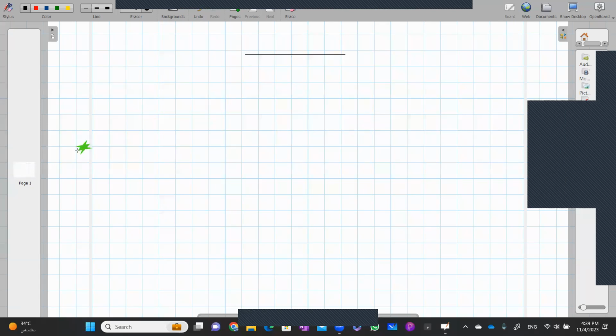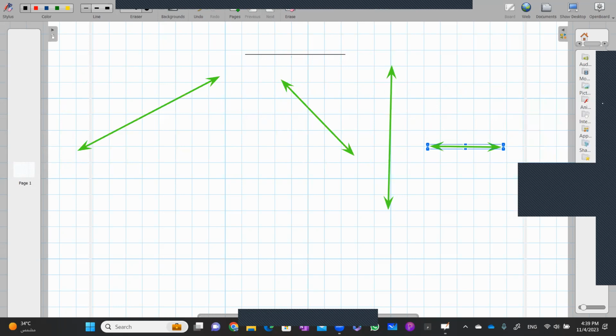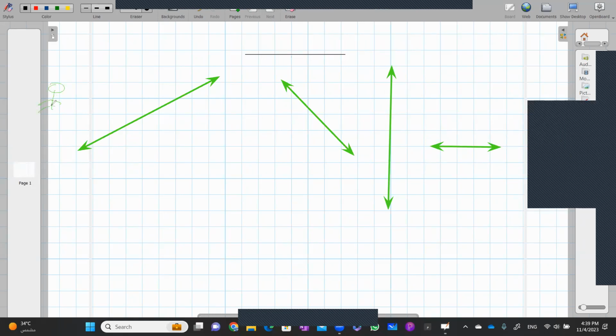After that, we have 4 lines. We talk about positive slope, negative slope, undefined slope, zero slope. We look from left to right.